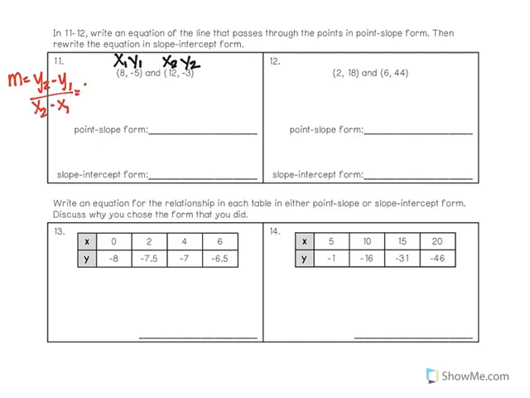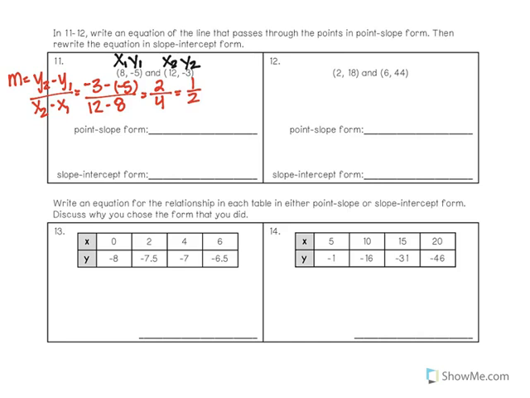Plugging those in, we have negative 3 minus a negative 5 over x2, which is 12, minus x1, which is 8. Negative 3 minus a negative 5 is a positive 2 over 12 minus 8. And that's 4, and that simplifies to 1/2.